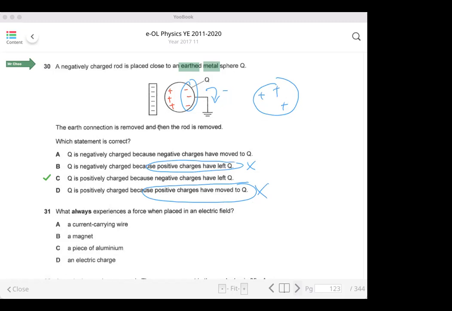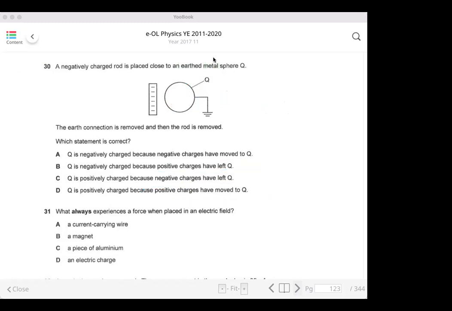Let me redo the whole thing. If the rod is positive, what's happening here? This will be negative on the left side and positive on the right side. You cannot say that the positive has left Q. The positive charge did not leave Q. In this case, electrons come from the earth to neutralize the positive.